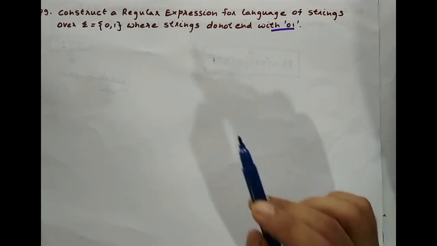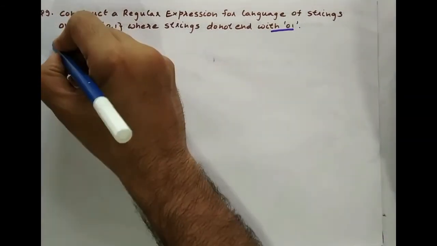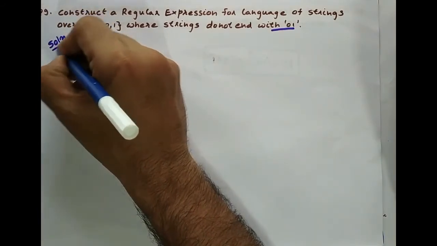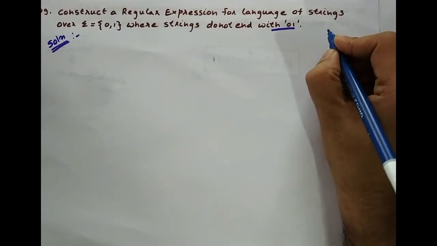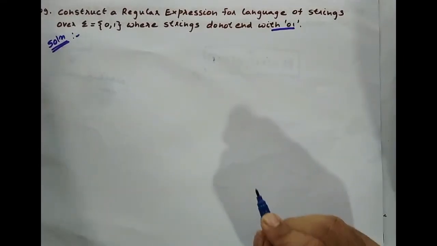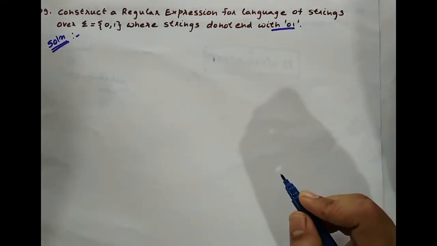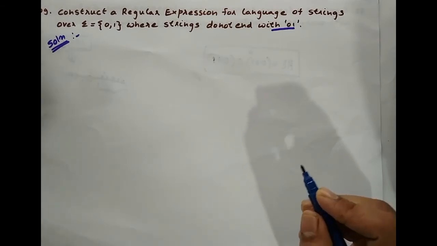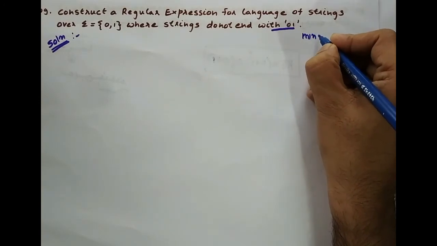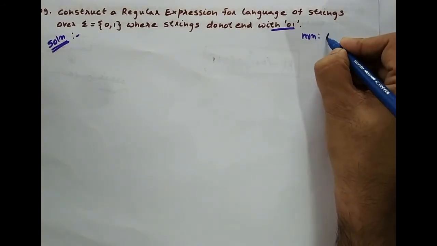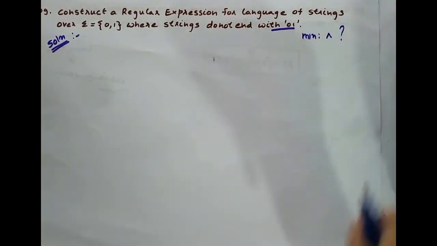If the string does not end with 01, then how should it end? What is the minimum possible string in this case? The minimum possible string could be null also. Is it true? Can it be null?